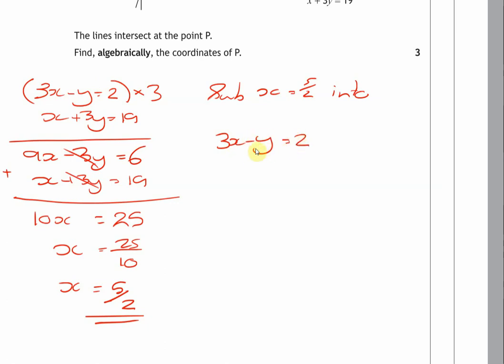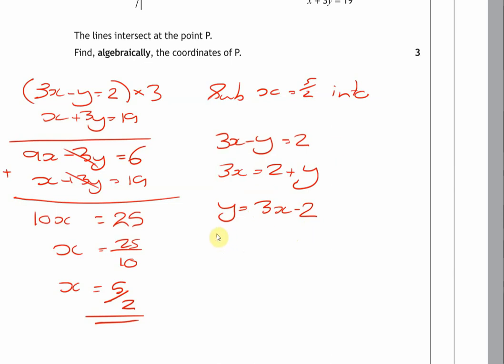Now I'm going to rearrange this so that I get y by itself. I'm going to take this y across here and make it plus. So I'll get 3x is equal to 2 plus y. Then I can take this 2 across and bring it beside the 3x. And then if I rewrite this, I'll get y equals 3x minus 2.